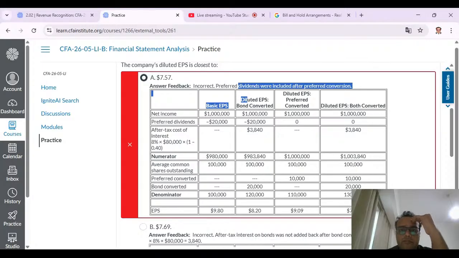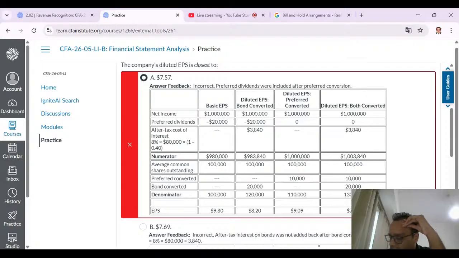Okay. So second point, इसमें preferred dividend मैंने minus कर दिया. After tax cost of interest भी मैंने 3840 plus कर दिया. फिर numerator मेरा हो गया ये amount, denominator हो गया common stocks, preferred converted 10,000 और both converted जब हो गया तब वो 130 हो गया. इसमें खाली diluted हो गया तो 1.10.